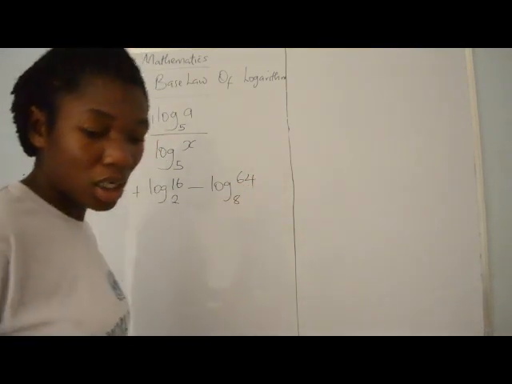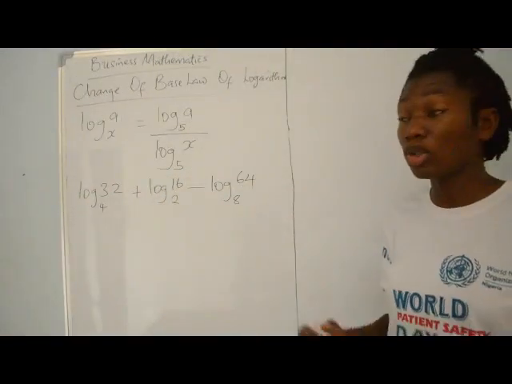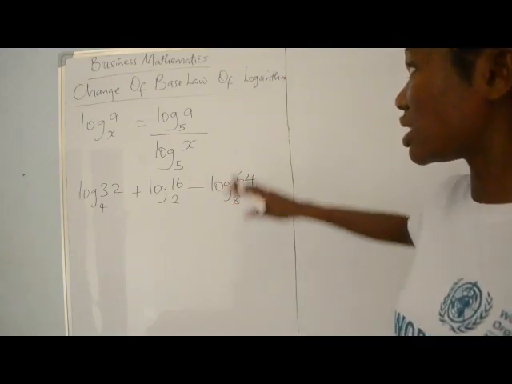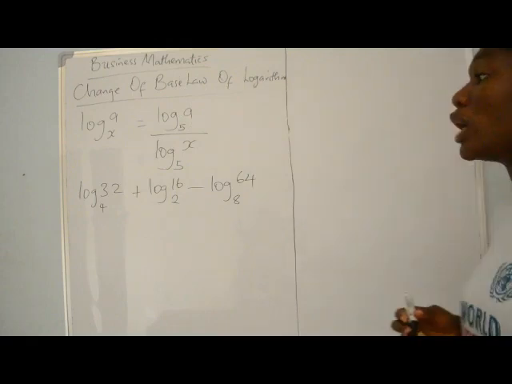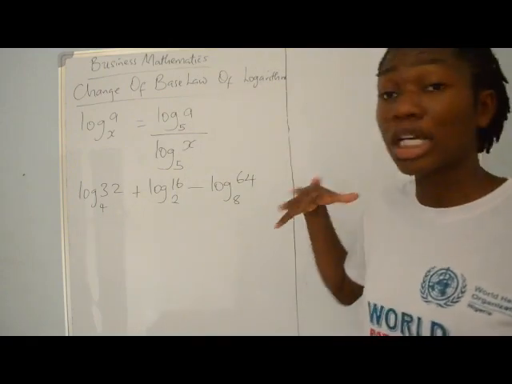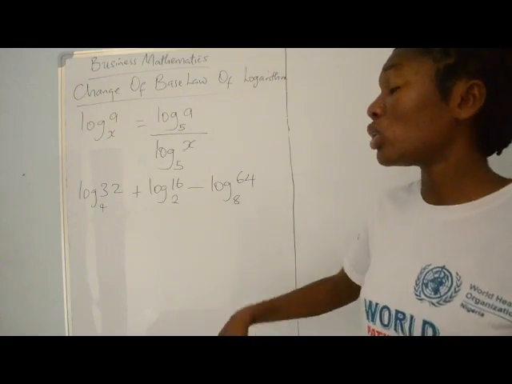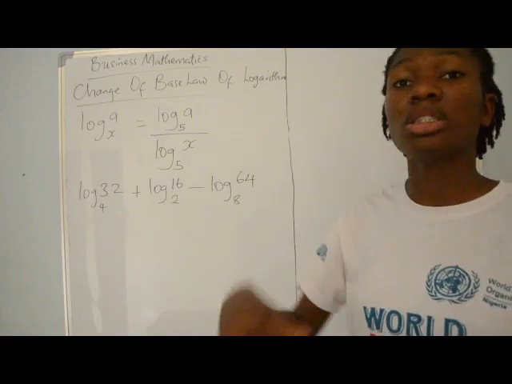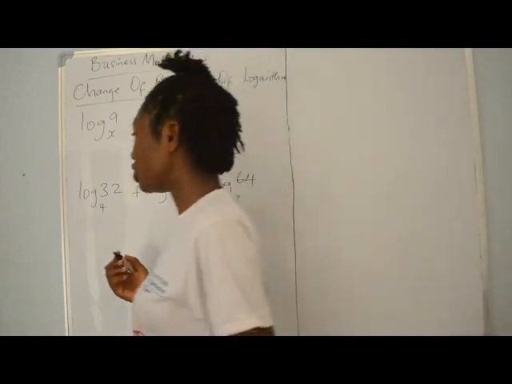Now we can work this out using our power law like we have seen in our previous video, but for the sake of change of base, we're going to be changing our bases. We're going to be using our smallest base, which is base 2. So we're going to be changing all these to base 2, so that we can work out in the same base.